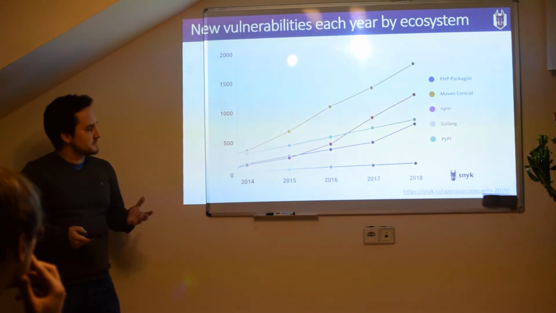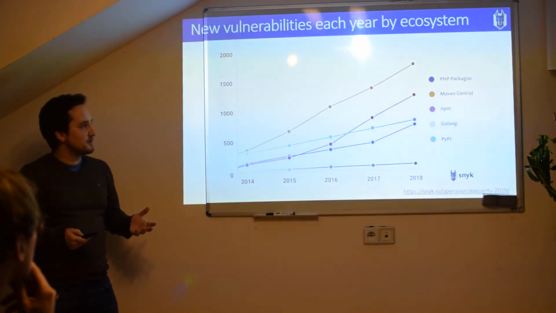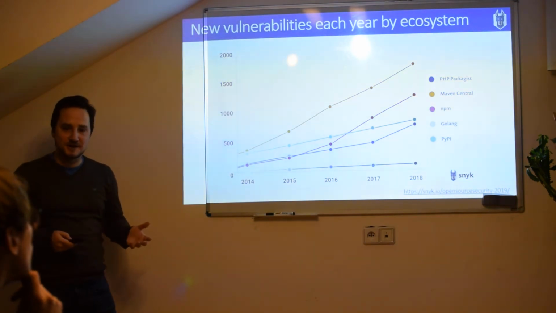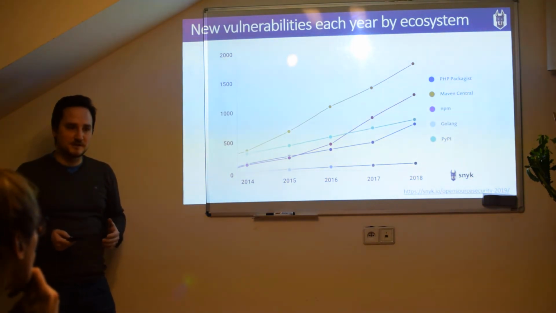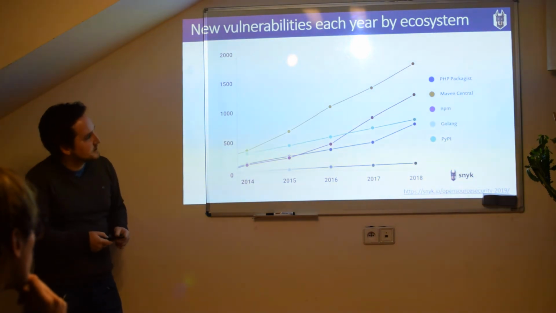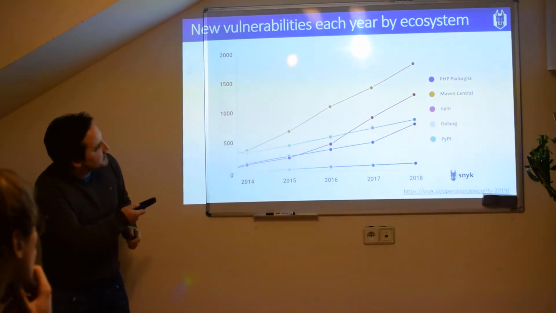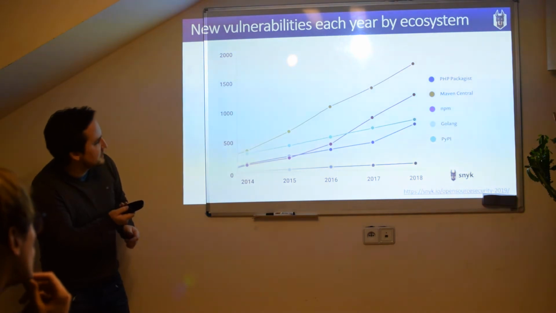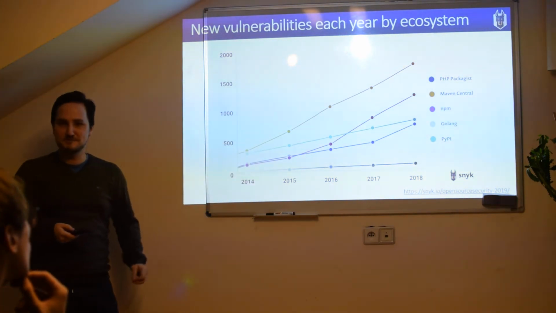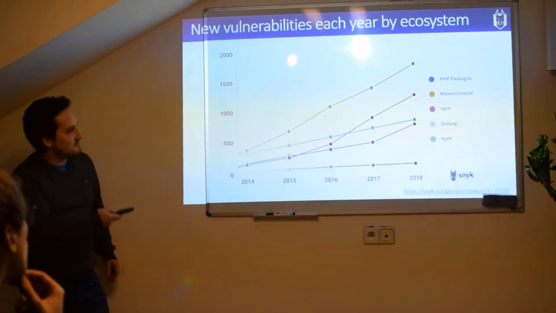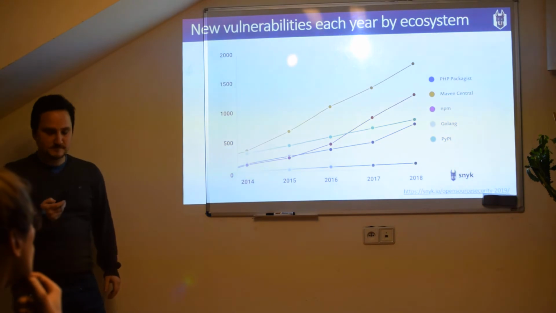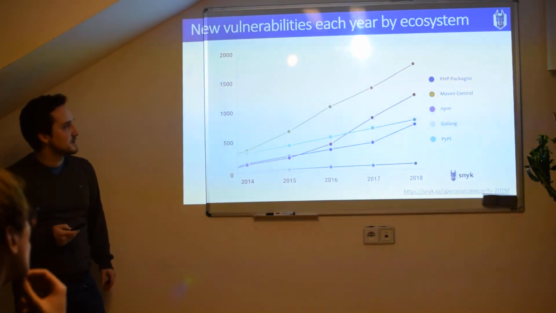The number of vulnerabilities is rising every year, getting higher and higher, and applications have more holes which can be exploited by attackers. You can see that pretty much every ecosystem is affected except for PHP, but nobody is really using PHP here. Especially Maven and npm are the worst in this case.